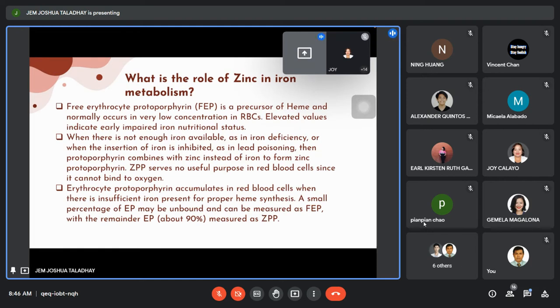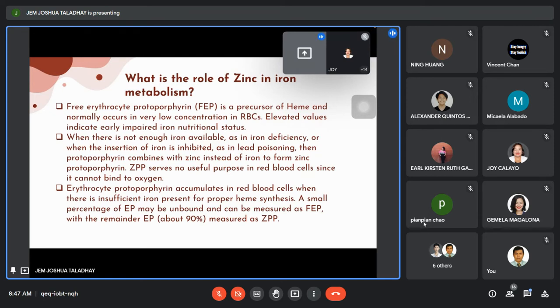So when there is not enough iron available, as in iron deficiency, the protoporphyrin combines with zinc instead of iron, therefore forming the zinc protoporphyrin. It serves no useful purpose in red blood cells since it cannot bind to oxygen. Erythrocyte protoporphyrin accumulates in red blood cells when there is insufficient iron present for proper heme synthesis.